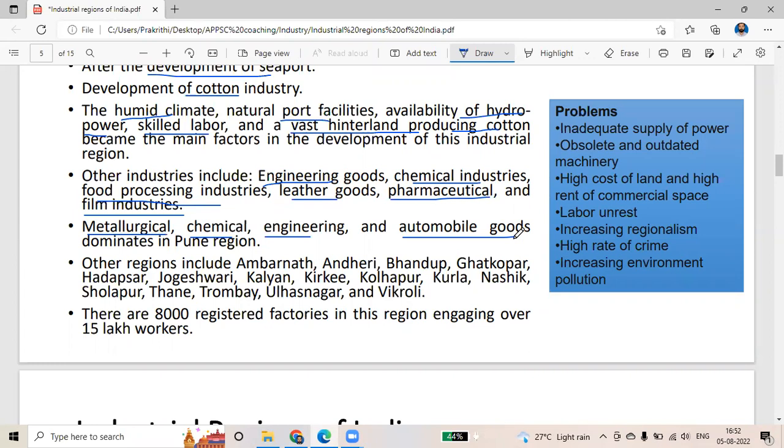So we have Mumbai region हो गया, Pune region हो गया. Within, I said, within a region there are multiple regions or areas.